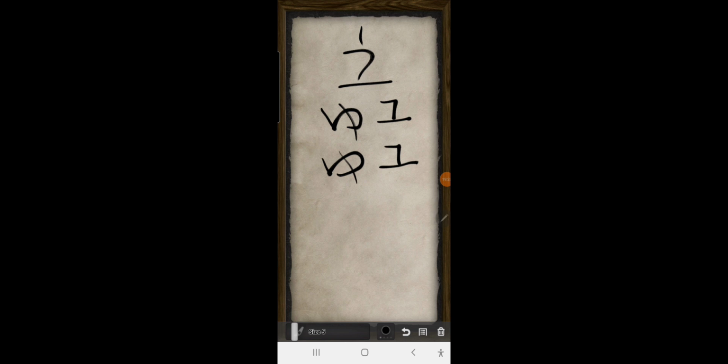Okay, and then last but not least, ru. And that's in katakana there. I'll write it one more time. So there you have it. Now you know how to pronounce and write the oo sounds.